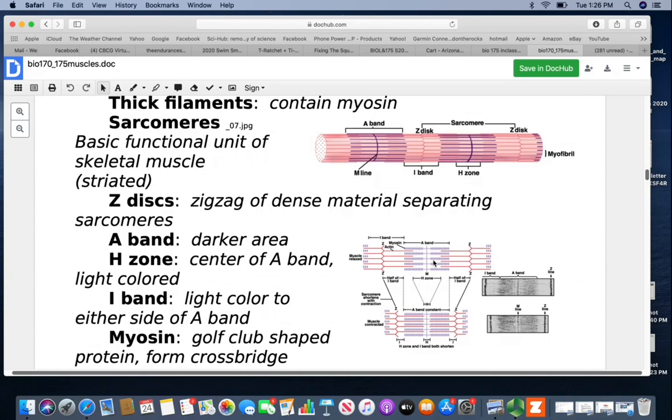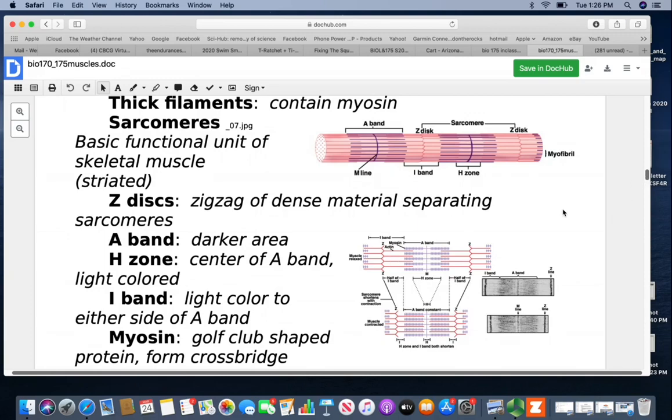This H zone in the center is lighter colored. Where you have the H zone, it is myosin only. On either side, you have the I band. The I band is lighter colored as well because it's only actin. So the A band has some overlap. The H zone in the middle is myosin only. The I band on either side is actin only.